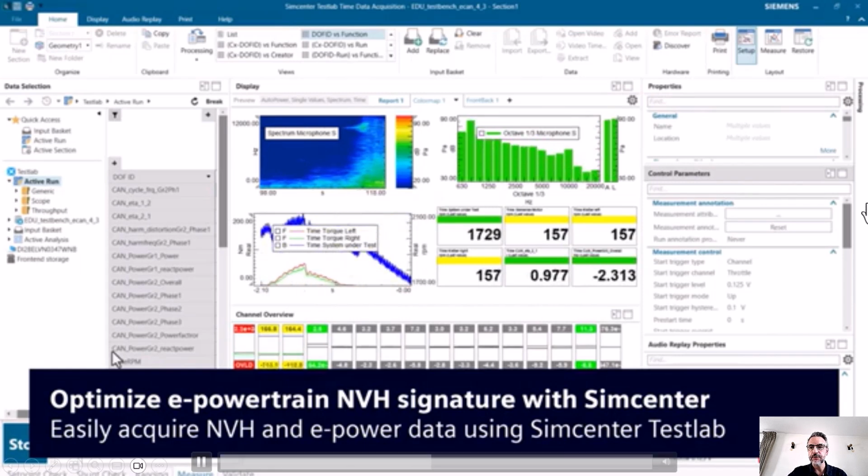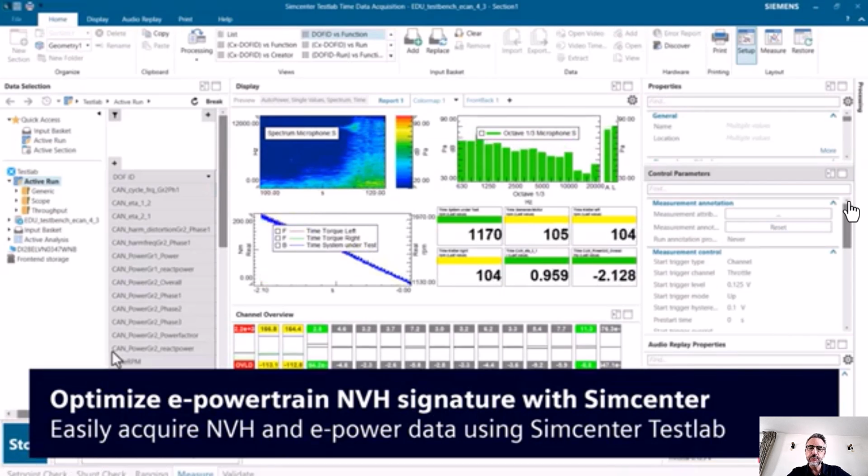So here we can illustrate the multiple possibilities within test lab to process the measured data, look at color maps, look at time data, and use different post-processing capabilities in order to understand some NVH phenomena, such as operational deflection shapes, for instance.